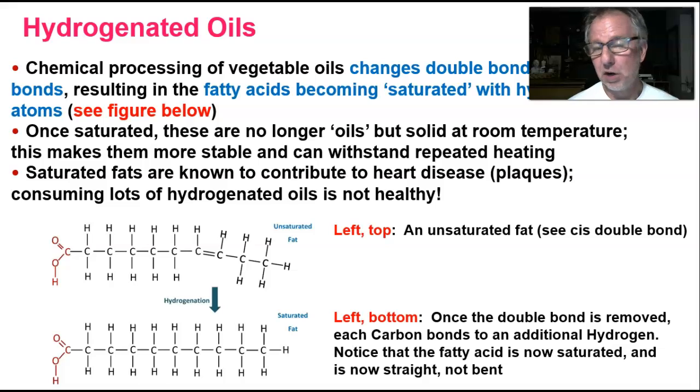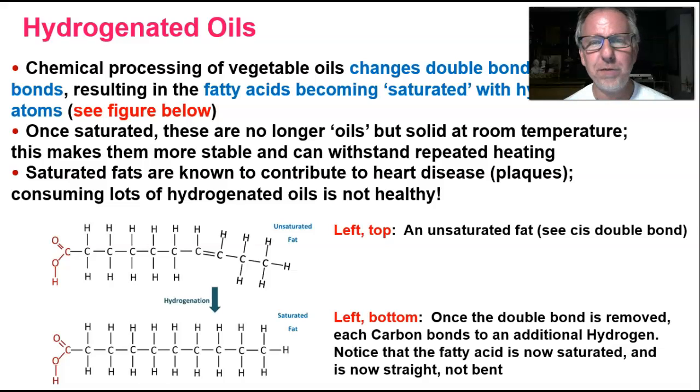That means that they took an oil from a plant, a vegetable oil, and they added hydrogens to it. Now what that does is the double bond between 2 carbons goes away, and the 2 carbons are then only linked by a single bond. And when they get linked by just a single bond, then the carbons can hold 2 hydrogens, not just 1 hydrogen. So that's hydrogenated. Hydrogens have been added.